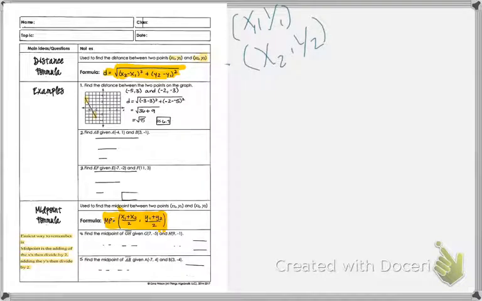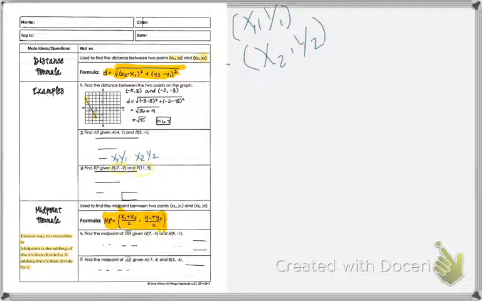So let's go to number 3. They give you your 2 points. They give you negative 7, comma negative 2, and 11, comma 3. So here you'd go x1, y1, x2, y2.